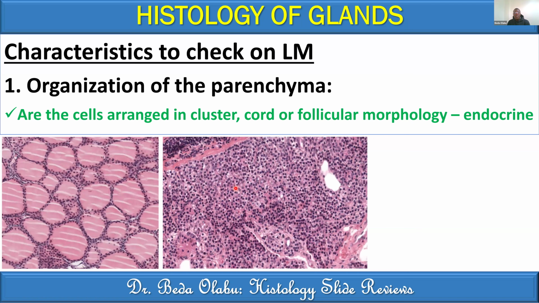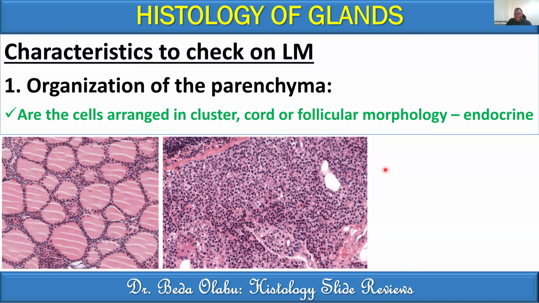Another image, the second image. Anyone, would you classify this as cluster, cord, or follicular? Yes, Winnie. I'll classify it as cluster since the cells are closely packed and grouped together, forming like one continuous bundle. Yeah. Very well. So yes, this is a cluster morphology. The cells are lumped together. It's difficult to describe it in any other word.